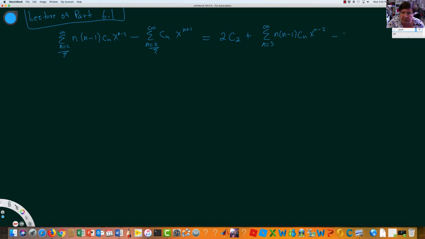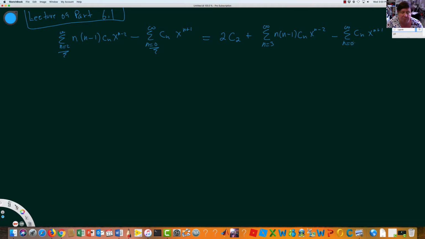And then, of course, minus the second one, c_n, x to the n plus 1. Now notice that now both of them start at x to the 1, because this starts at n equal 3, right? X to the 1, x to the 1, because that starts at 0.